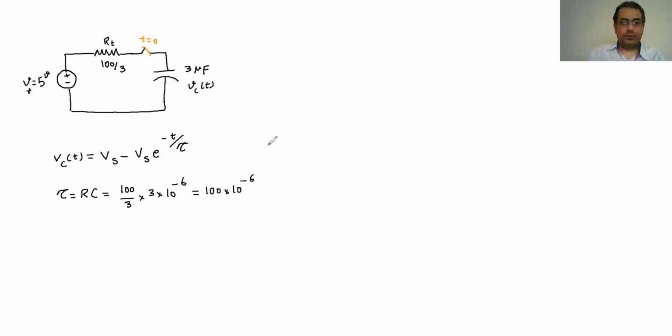So if I replace these two together, the change of the voltage in the capacitor is going to be Vs, which is 5 volt, minus 5 times e to the power of negative t divided by 100 times 10 to the negative 6.